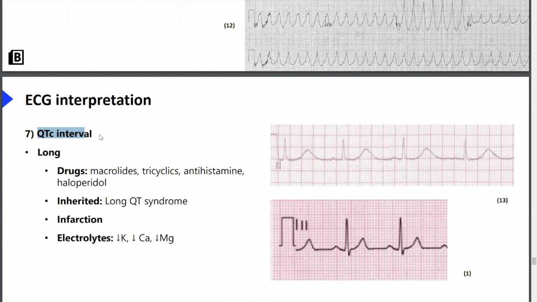So if I have a patient who has a heart rate of 100 and I have a patient who has a heart rate of 40, the ECG machine does some magic maths, which then standardizes those QT intervals for a heart rate of 60. So it tells me the QT interval in the patient with a heart rate of 100, what their QT interval would be if their heart rate was 60. And it tells me for the patient with a heart rate of 40, what their QT interval would be if their heart rate was 60. So it just standardizes the QT interval for a heart rate of 60.